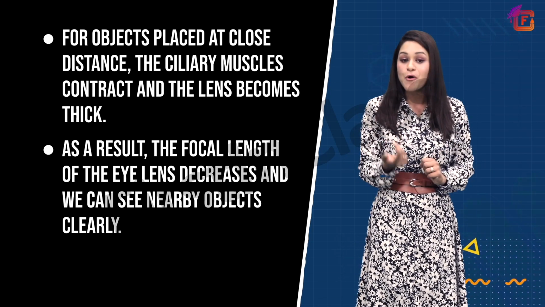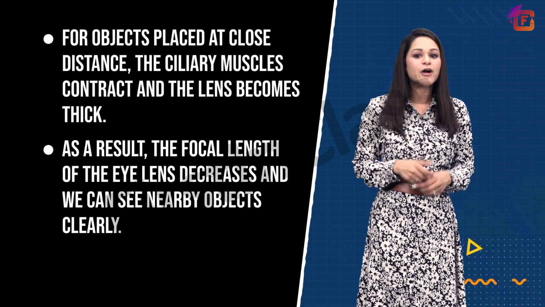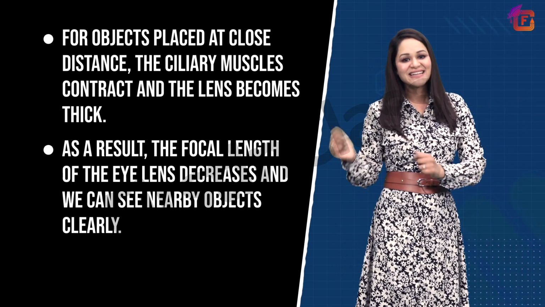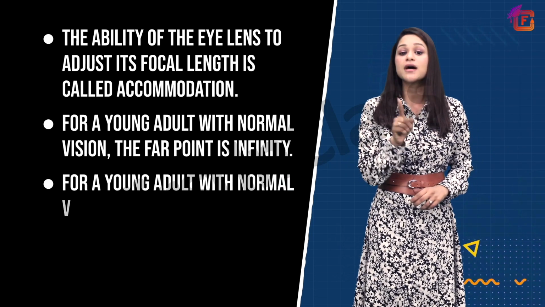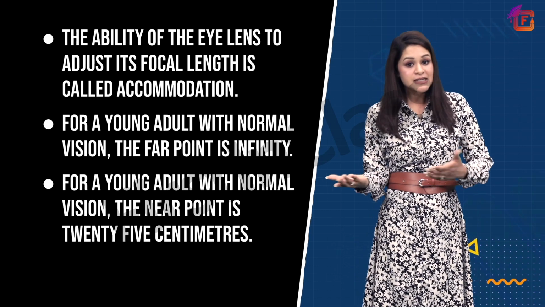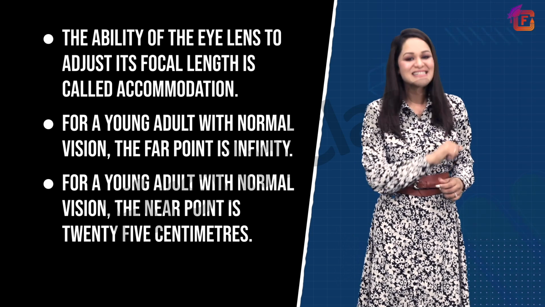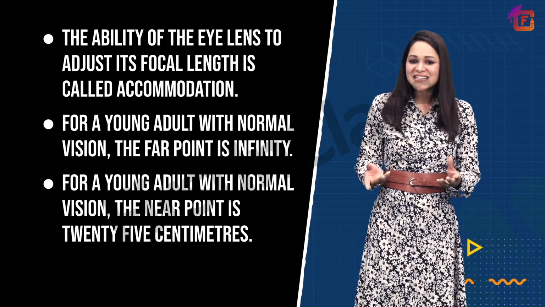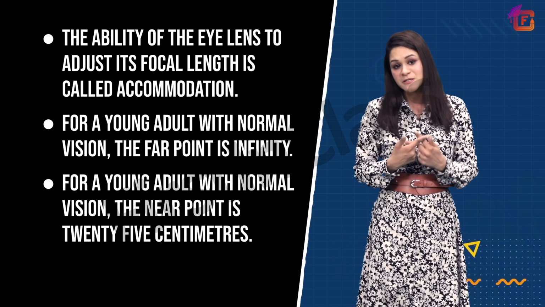As a result, the focal length of the eye lens decreases and we can see nearby objects again clearly. The ability of the eye lens to adjust its focal length is called accommodation. For a young adult with normal vision, the far point is infinity. For a young adult with normal vision, the near point is 25 centimeters.